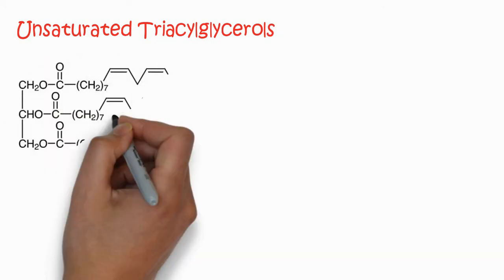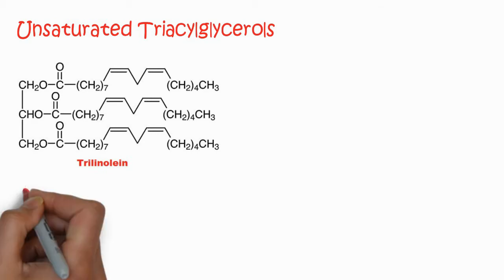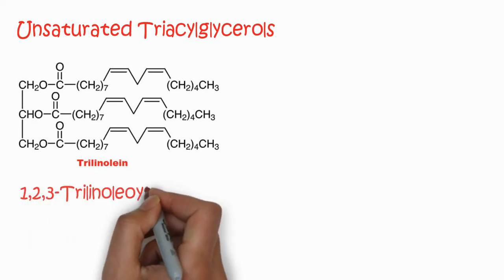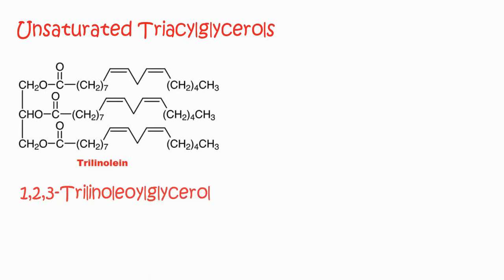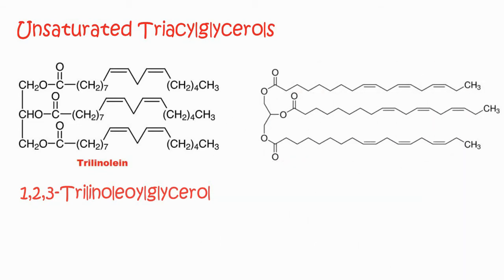The next class of triacylglycerol is unsaturated fatty acid. You can see here the double bonds. The first example is trilinolein. Chemically, it is 1,2,3-trilinoleoylglycerol. So all the 3 acyl groups are linoleic.